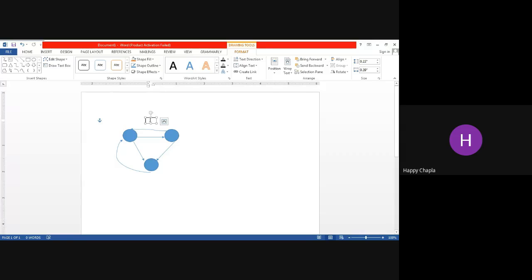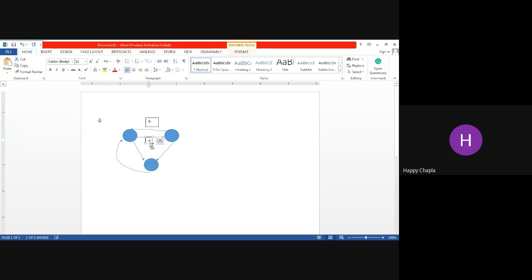Okay, so the weight of this is 6. The weight of this particular node is equal to 4. And next for this is 11.